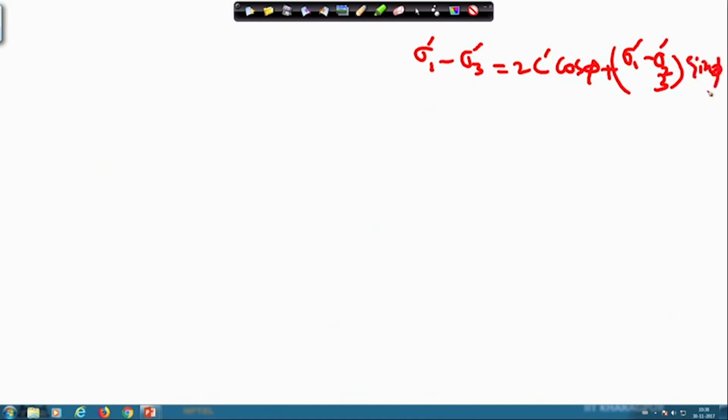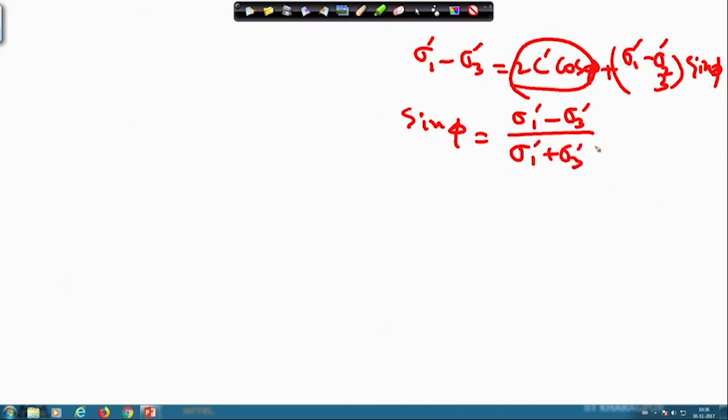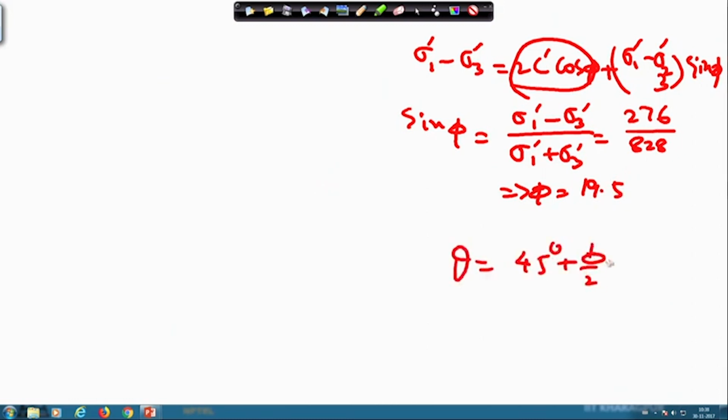This is the equation I have given, and since c is 0, then sin phi will be equal to sigma 1 dash minus sigma 3 dash by sigma 1 dash plus sigma 3 dash, and if you do that, you will get 276 divided by 828, and this gives you the phi value equal to 19.5, same. And once you get this, you get theta equal to 45 degrees plus phi by 2, and again we get the same 54.75.